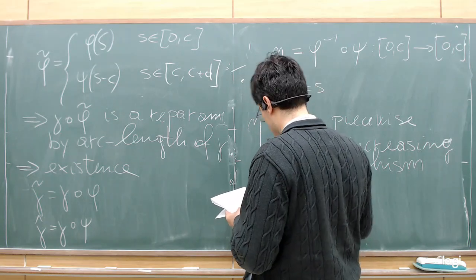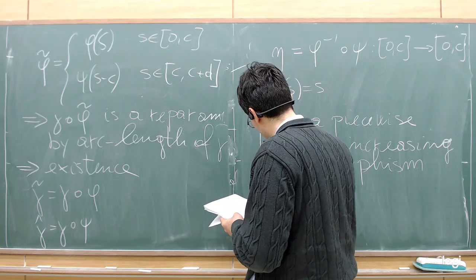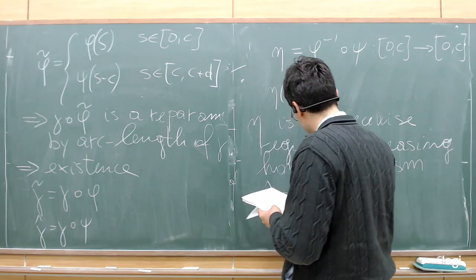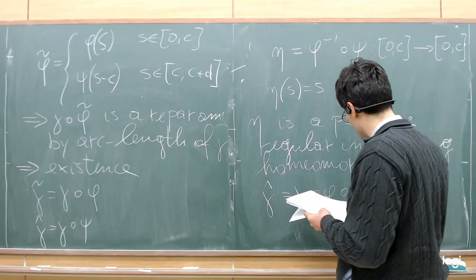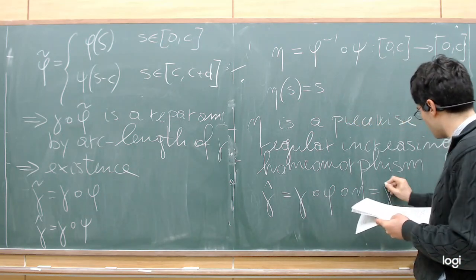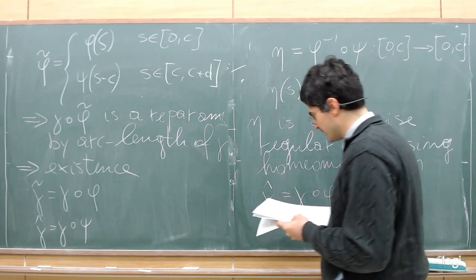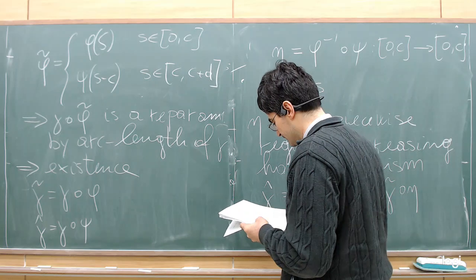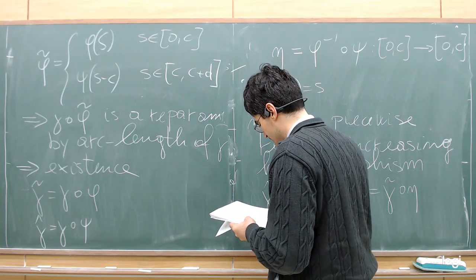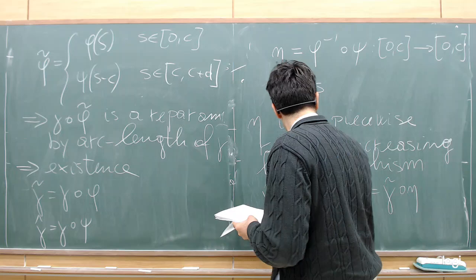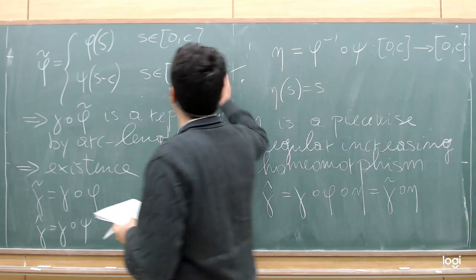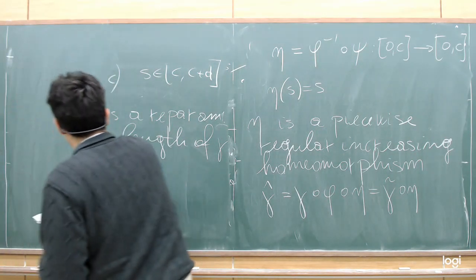So we have that gamma hat equal gamma composed with phi composed with eta satisfies this chain of identities, and now we can make this computation.